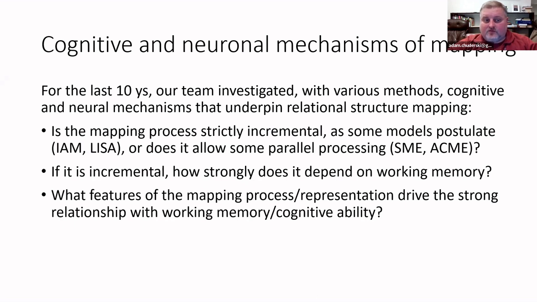So we asked another question: if not the way the mapping proceeds differentiates people with various levels of cognitive ability, what other features of the mapping process or even of the representation of the mapping can drive the notably strong relationship with working memory or cognitive ability? I will be using such terms as working memory, cognitive ability, fluid intelligence interchangeably because they typically correlate very strongly.